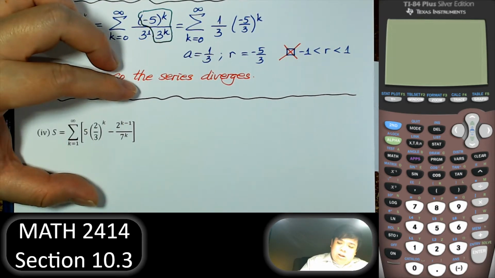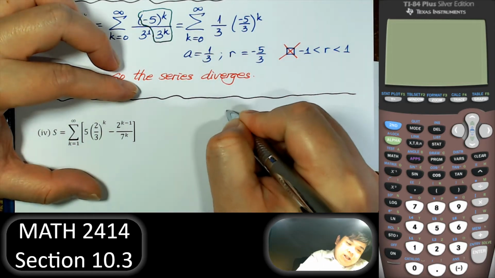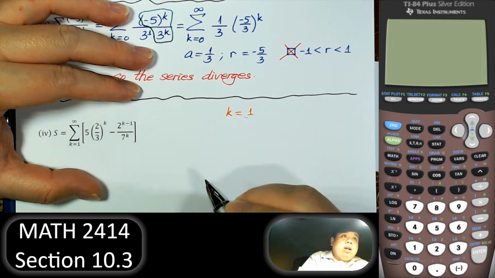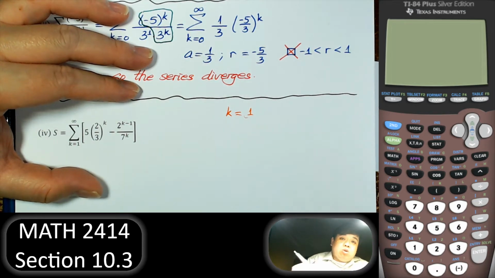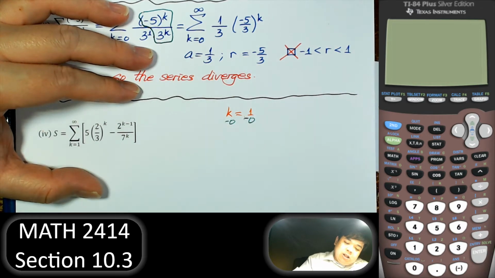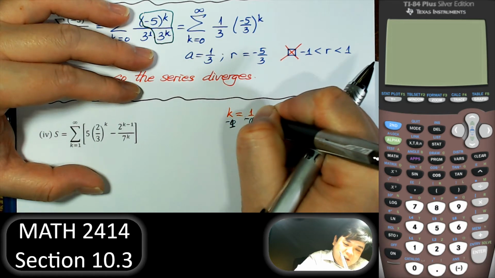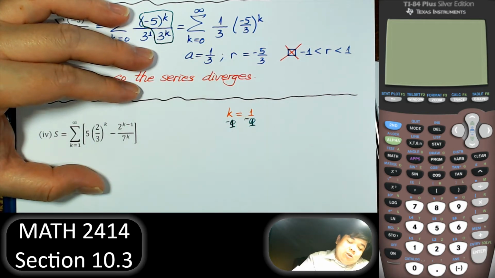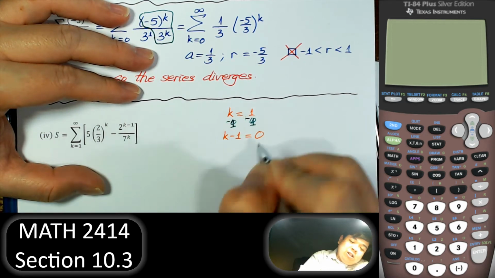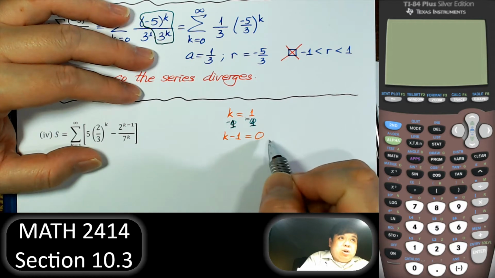We start with k equal to 1. If we want it to turn to 0, we subtract 1 on both sides. So in that case, we have k minus 1 equal to 0.